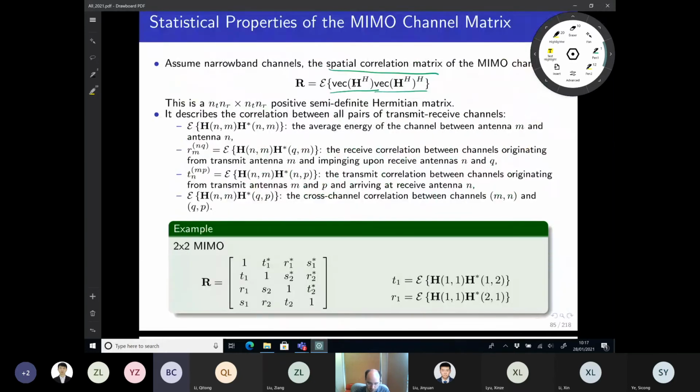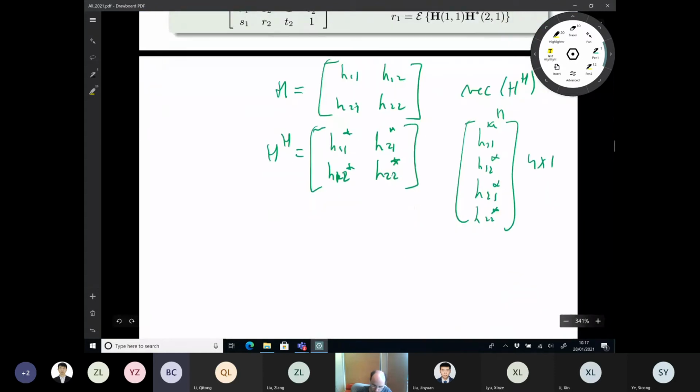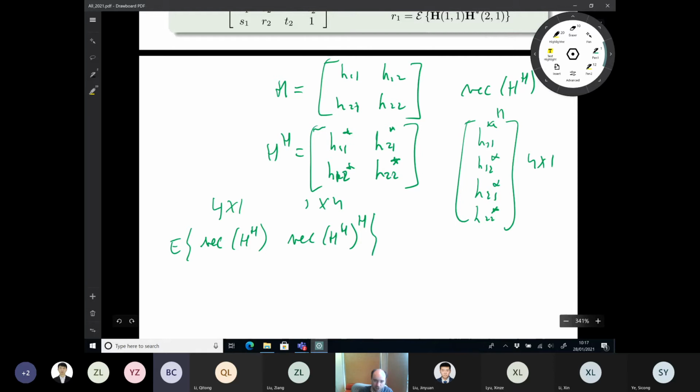And I take the expectation of the product of those two. So now I have the expectation of vec of H Hermitian, which is a 4 by 1 vector, times the Hermitian of it, which now will be a 1 by 4 vector. So I'm going to have a 4x4 matrix.